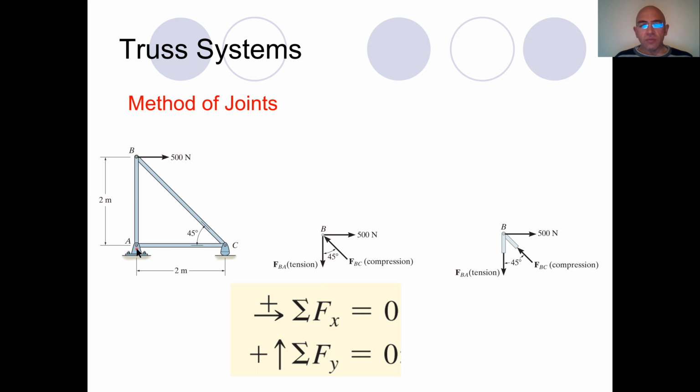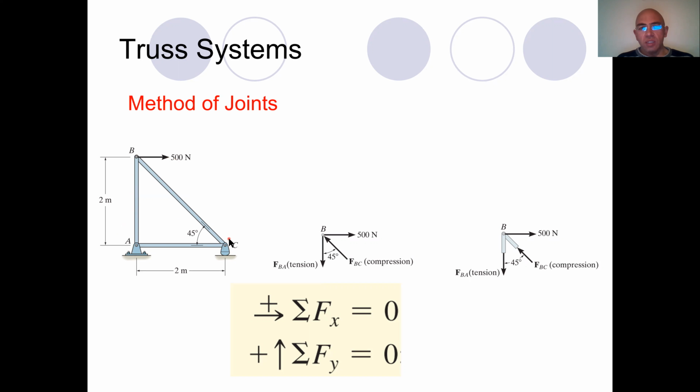So it is fixed at point A, pin jointed hinge here, and there exists a roller at point C. Now we have a force at point B, an external force here, and certainly we have the members AB and AC and CB. We have three members, three truss elements which belong to our design.